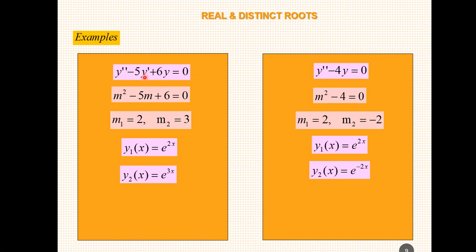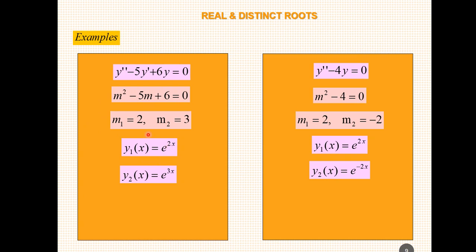If you will change the derivatives to D, that would be D squared minus 5D plus 6. Then if you want to write the characteristic equation, you simply have to replace the operator D by m and equate such equation to 0. The rest is your algebra, because now you will need to find the roots of this second degree polynomial.